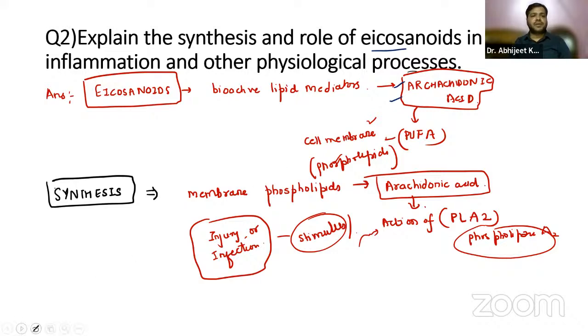So yes, now coming on to the role of eicosanoids, the question also asks about the role. We are going to discuss the inflammation part. The role of eicosanoids. Firstly, it is the inflammation process. We have already discussed this, right?